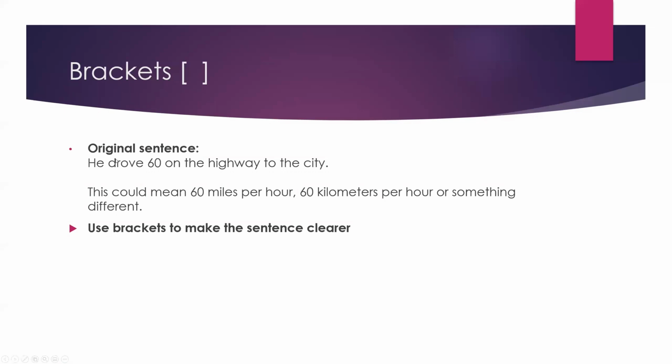Now, I want you to be the editor, okay? In the chat, use this sentence and add the brackets to add additional information to clarify the sentence. Now, let's see, do you use it correctly or not? Use the brackets, add to the sentence either 60 miles per hour or 60 kilometers per hour. Where does it fall? It should fall after the number.